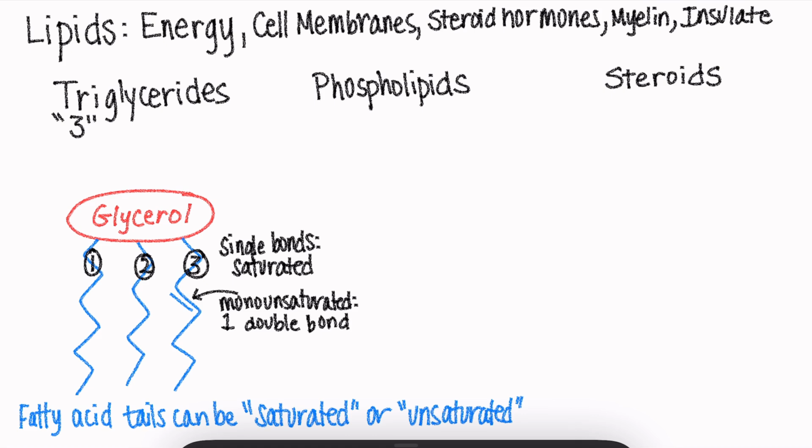And this ends up making the fatty acid not be able to bond to as many hydrogens because the carbon is having two bonds with another carbon. And that's why it's unsaturated because it can't hold as many hydrogens because it's taking up an extra bond with another carbon.